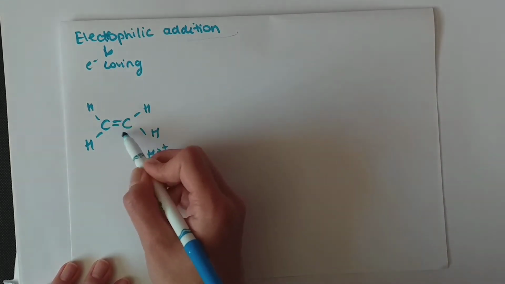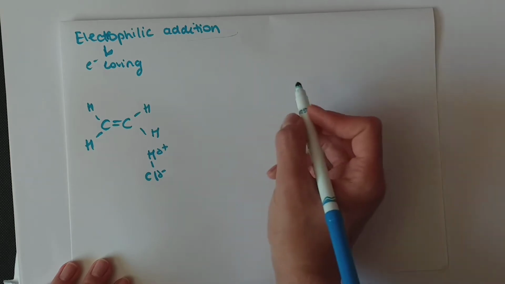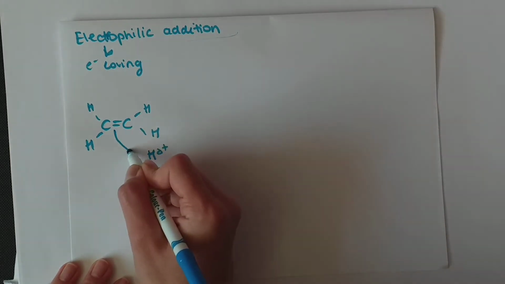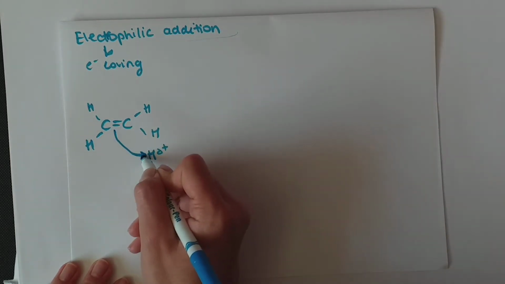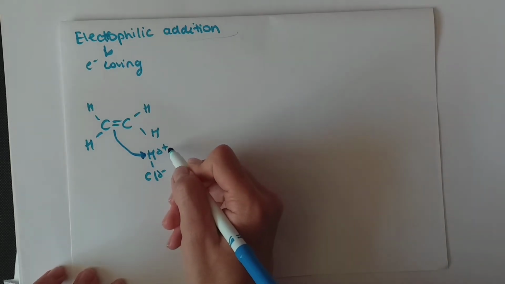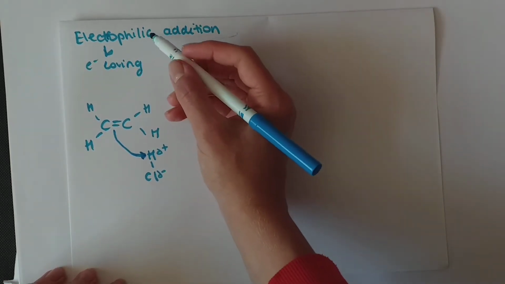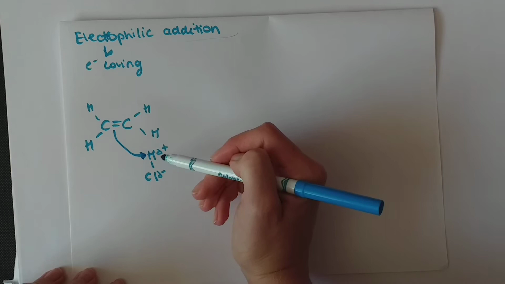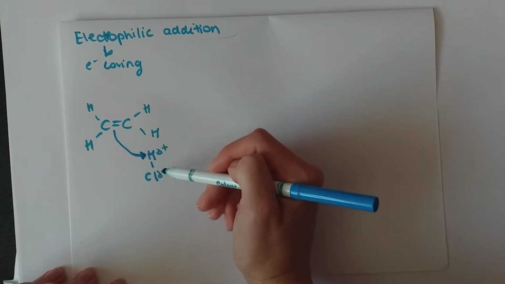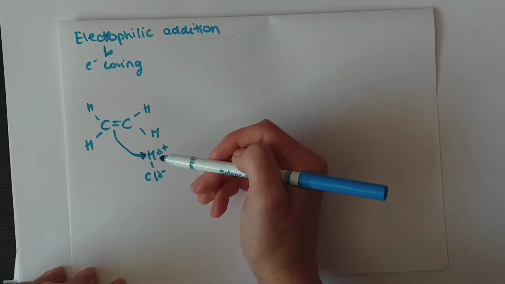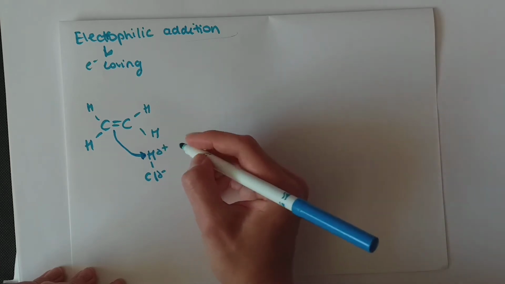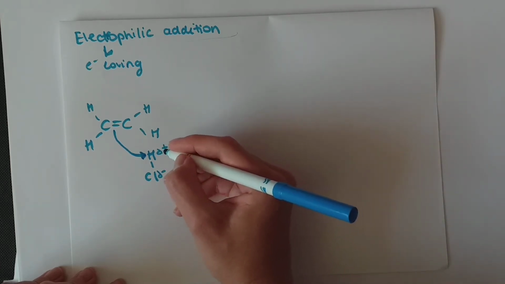There are too many electrons here. Therefore, the electrons go to our hydrogen. Hydrogen slightly plus is here our electrophile. We're using this whole compound as an electrophile. However, only the hydrogen becomes the electrophile that's going to be added on.